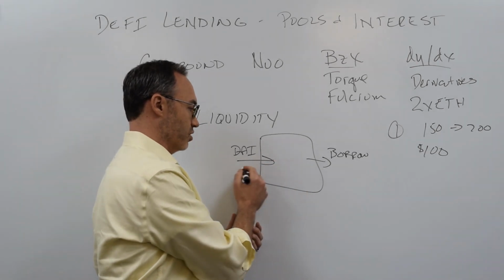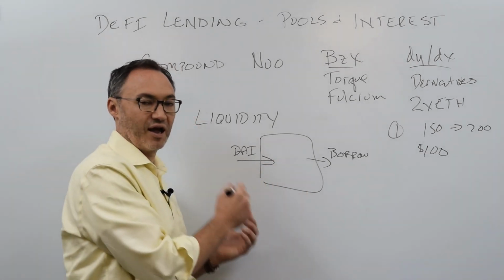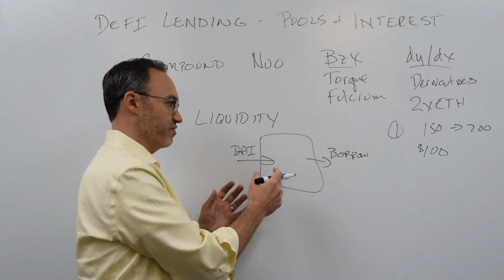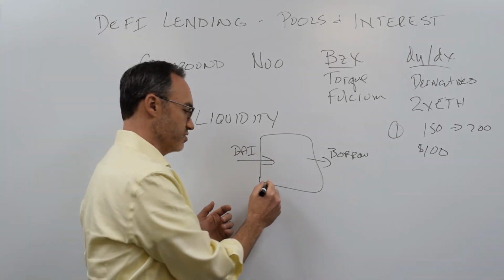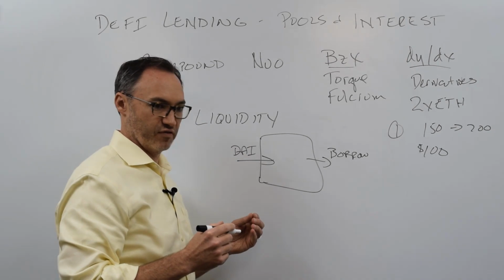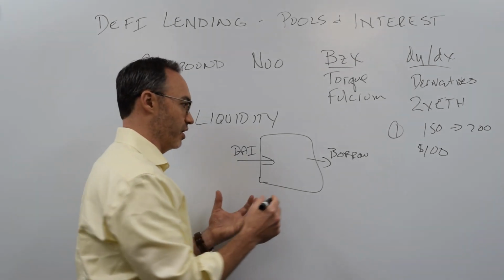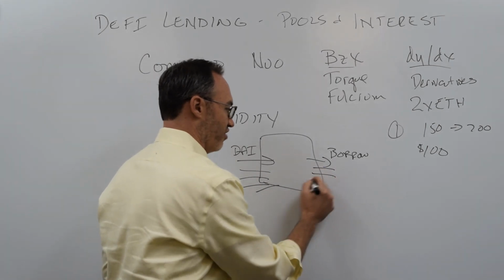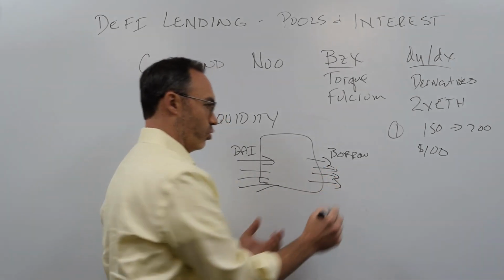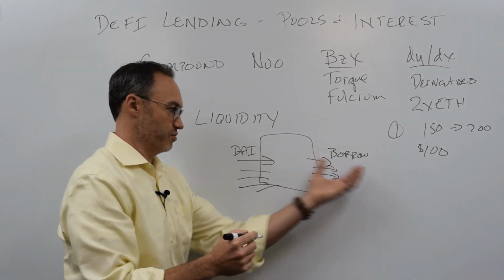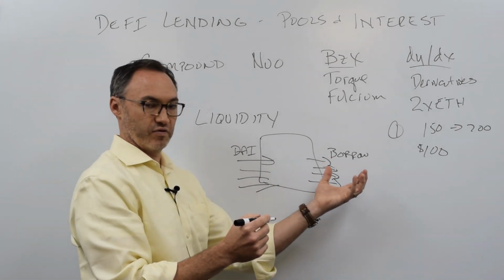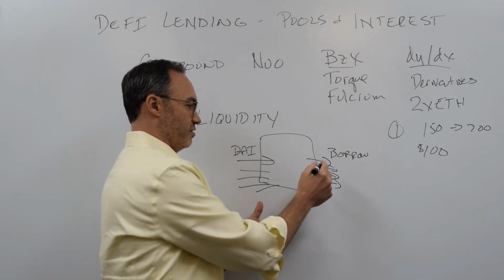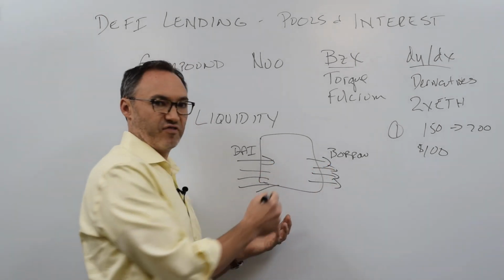But it doesn't work if there aren't more people putting DAI, adding liquidity to the system. Because as the liquidity gets added, it helps in terms of the security and the safety of my money. As more and more DAI is added here, you have more borrowers, because if one or two of these borrowers either can't repay or their collateral gets liquidated or something, if there are more and more of them, it doesn't affect the system as much.